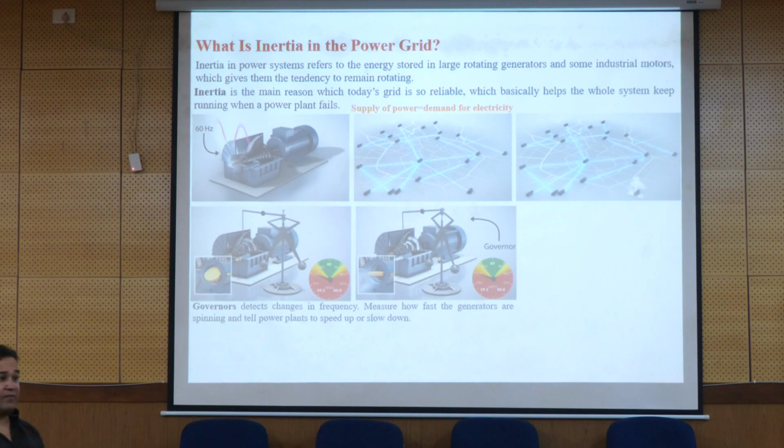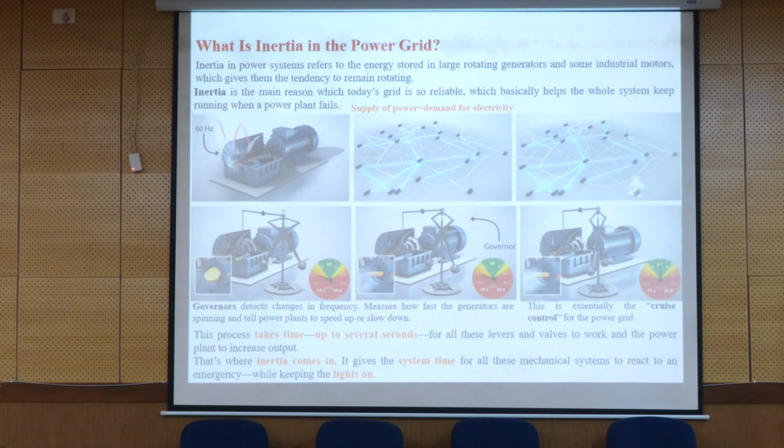This is the main mission of the governor. Then after some time you see that the frequency jumps from 59 to 60 again. So this is like a cruise control in the power grid.